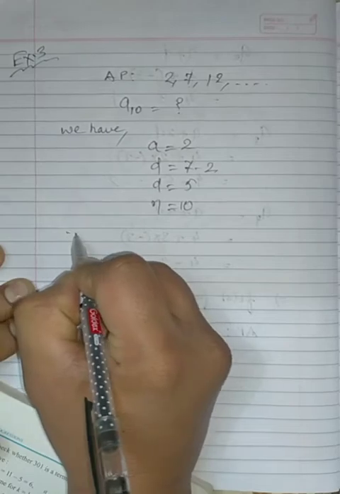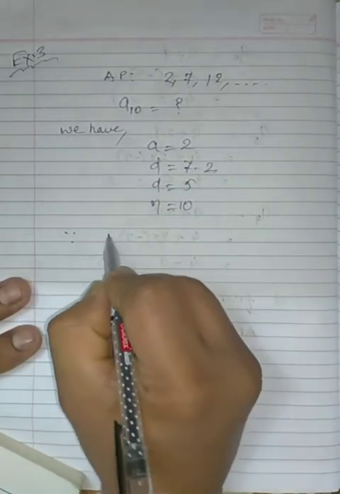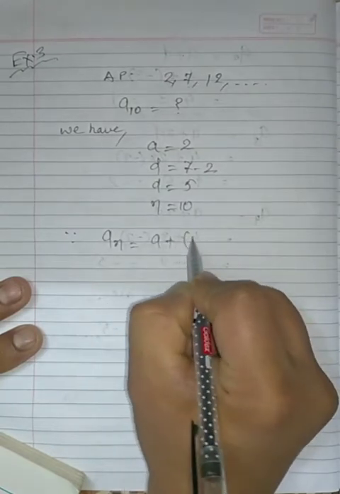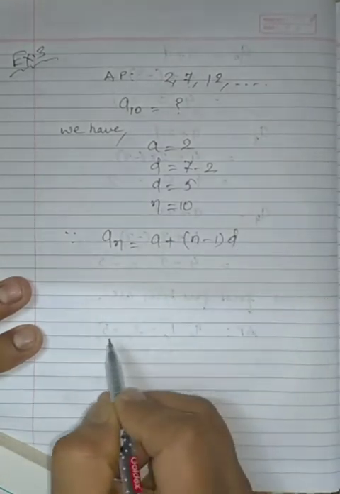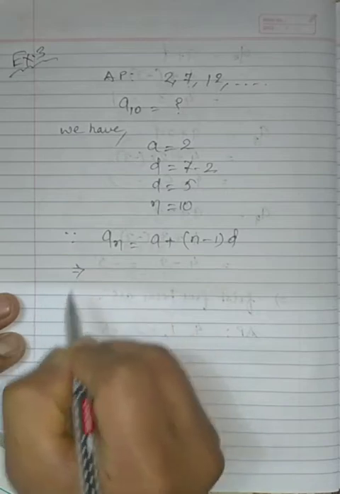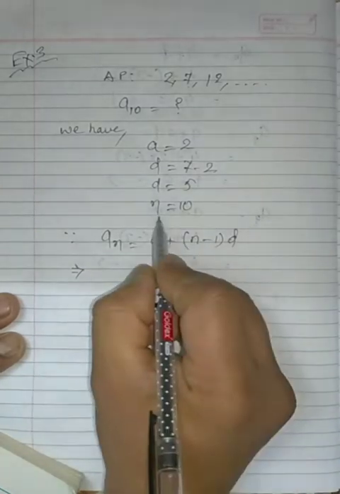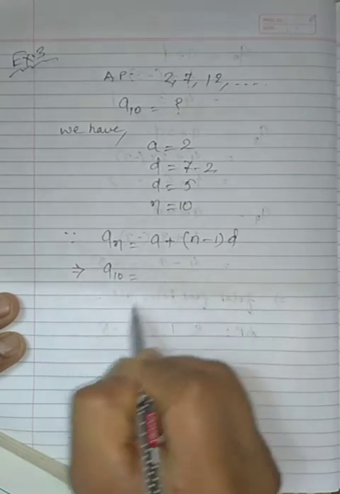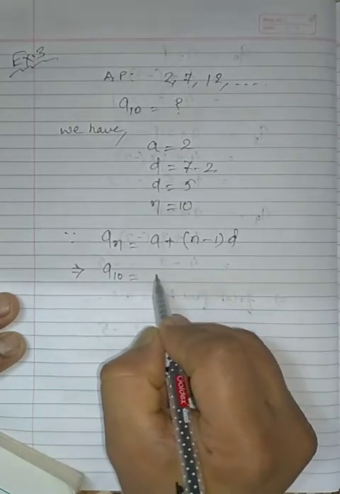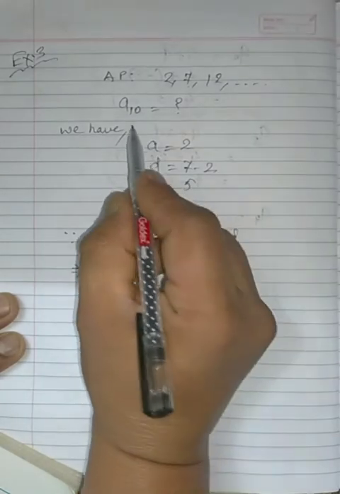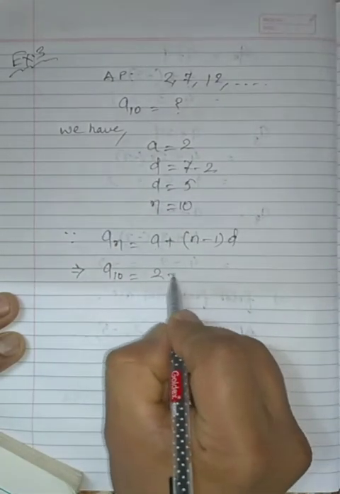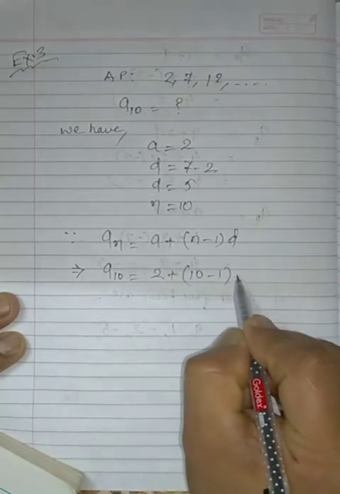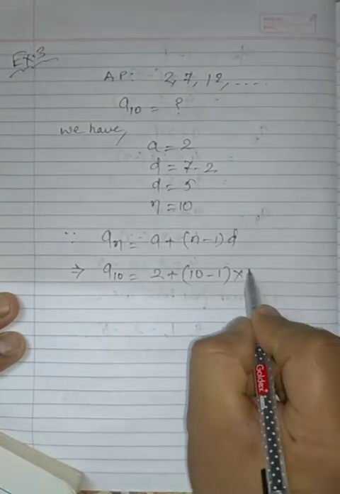By the general form of AP, we know that the nth term An is equal to A plus n minus 1 into D. So let's put all the values. We have n equal to 10. So A10 is equal to A, which is 2, plus 10 minus 1 into the value of D, which is 5.